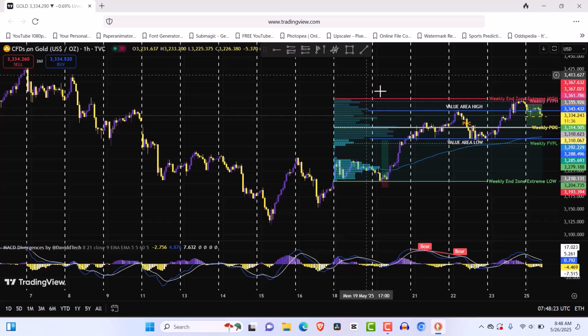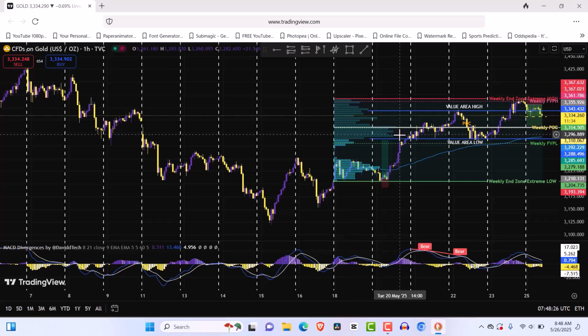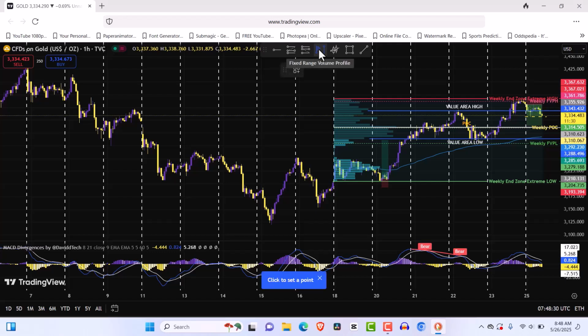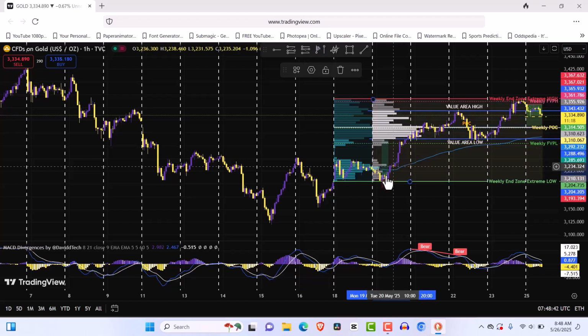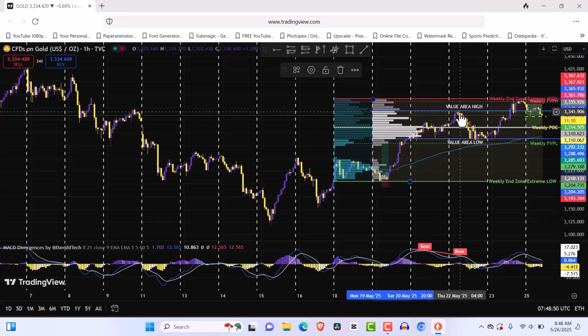Okay, so for Wednesday we want to draw the fixed range volume profile from Tuesday. If we want to trade on Wednesday, we have to draw the fixed range volume profile, as you can see. So this is it. We would have traded Wednesday here, and looking at it, you should have seen your weekly trade go in.